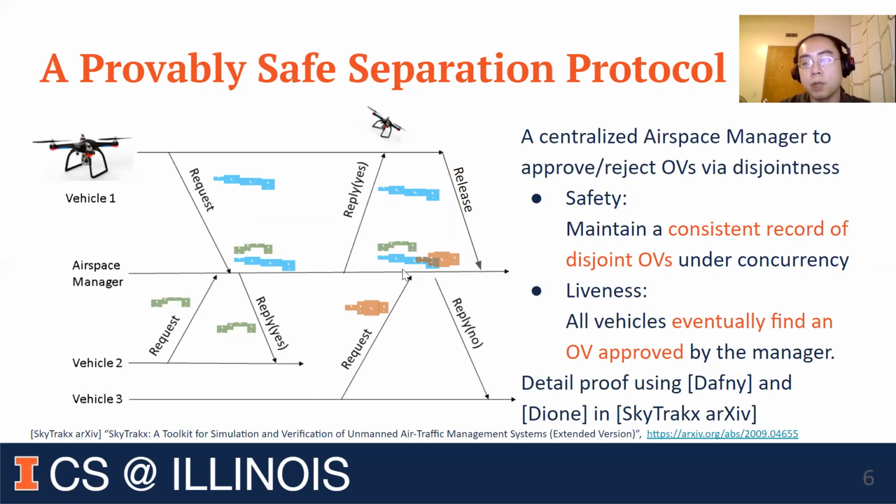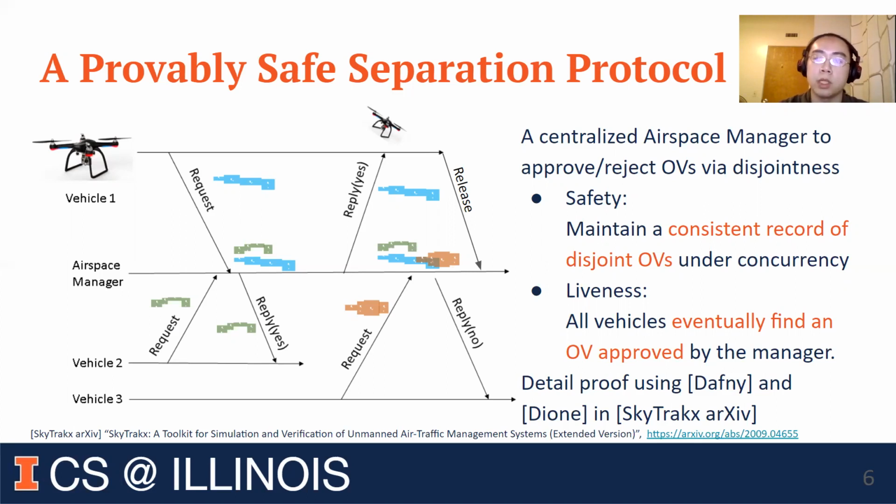So for this kind of UTM protocol, we are interested in verifying two properties. The safety property is to make sure that the airspace manager maintains a consistent record of disjoint operation volumes. A consistent record means that the record of operation volumes it maintains should be consistent with the operation volumes that are really followed by each of the vehicles, under concurrency and under communication delay.